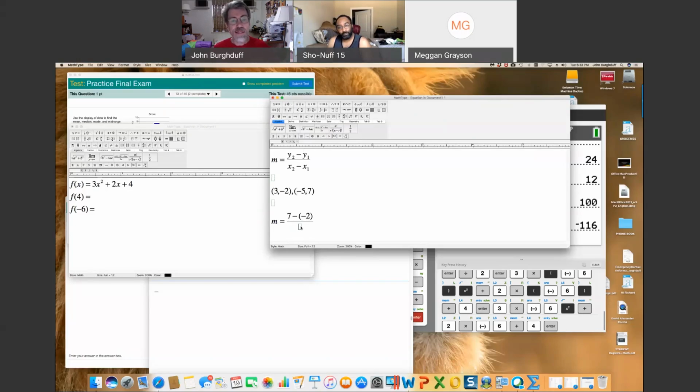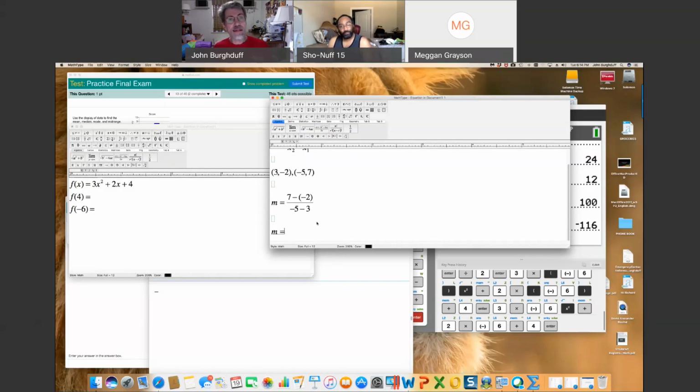In the denominator, I take the x from the second point. When you see x2, don't let that be all like scientific and weird. Just say x from the second point minus the x from the first point. So -5 minus 3. That's going to be my equation for slope. So far, so good.